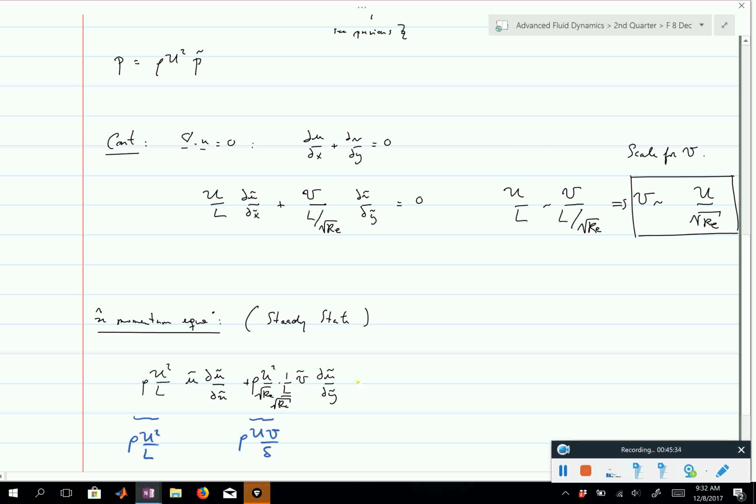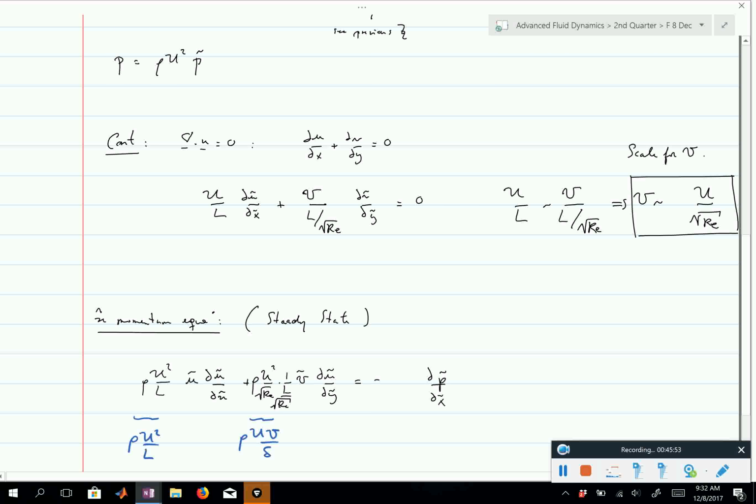And then I have plus, now equals to minus the partial of pressure over partial x. Sorry, this is not the gradient. You should have stopped me. This is partial over partial x. Right?